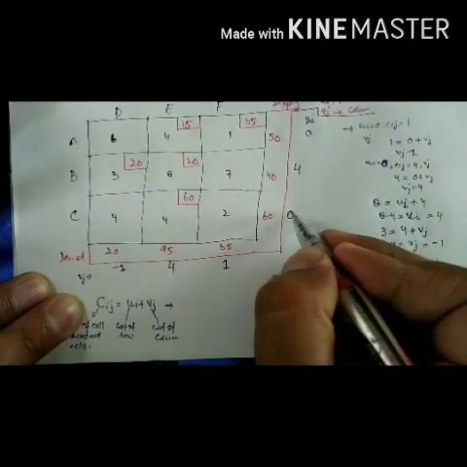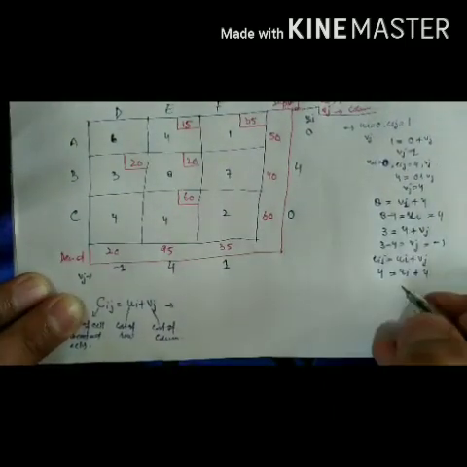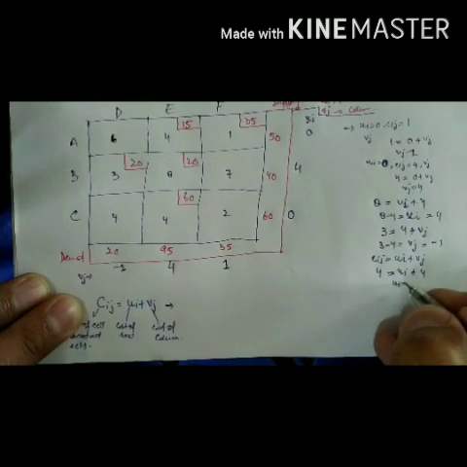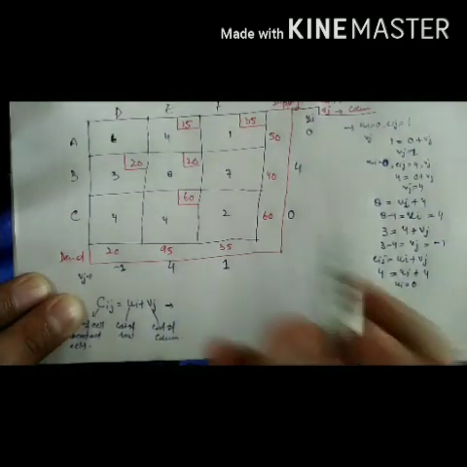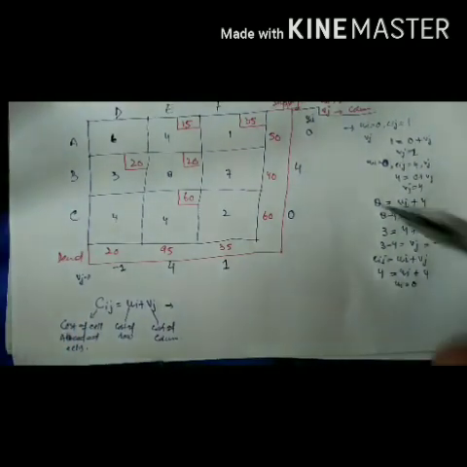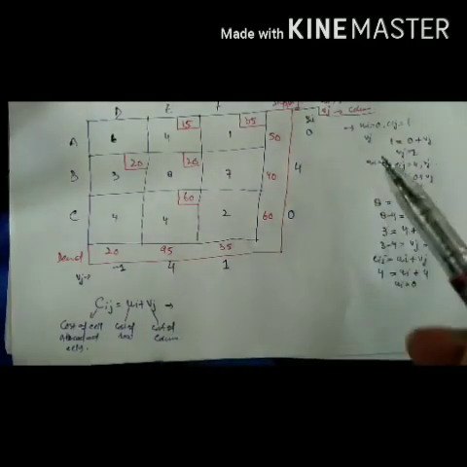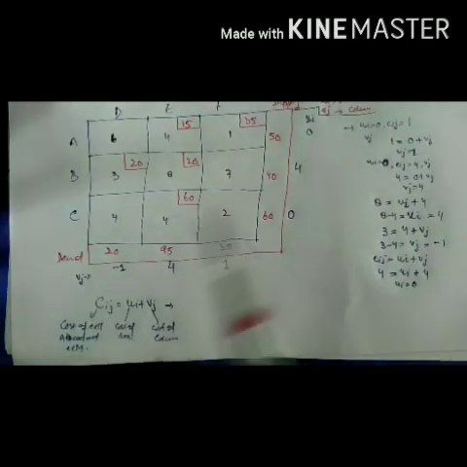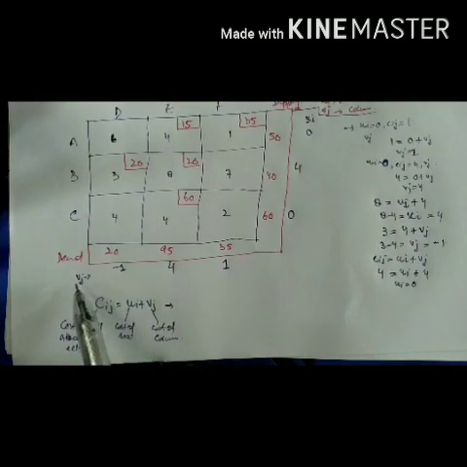So this row has Ui equal to 0. Now if you can see, I have calculated the Ui and Vj values of all the rows and columns.